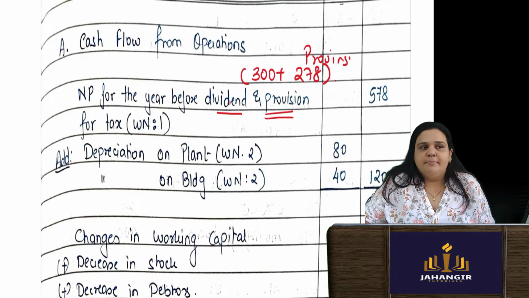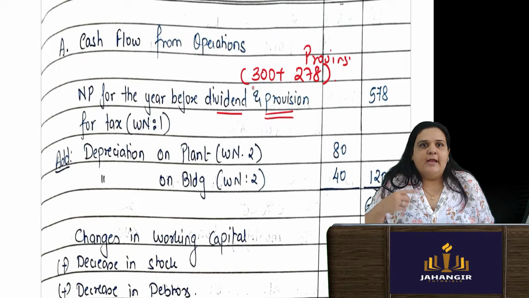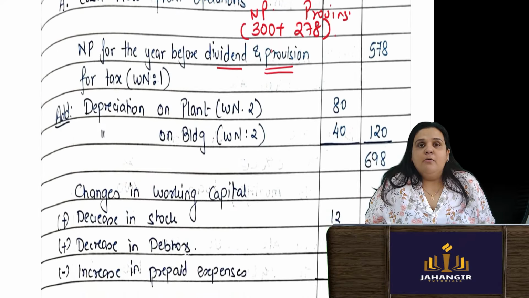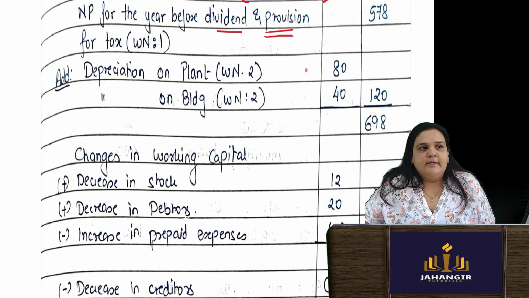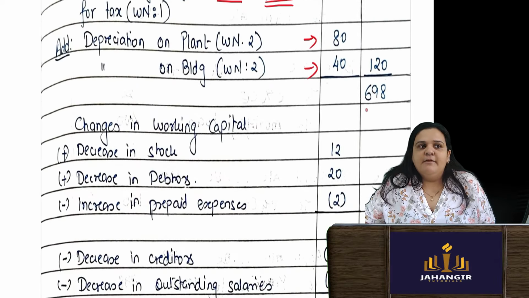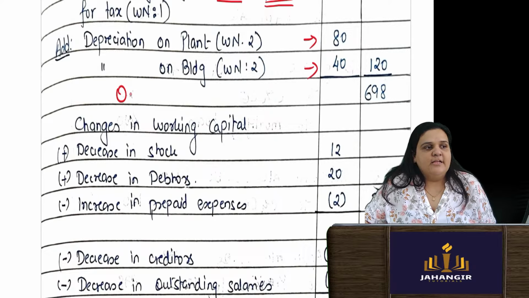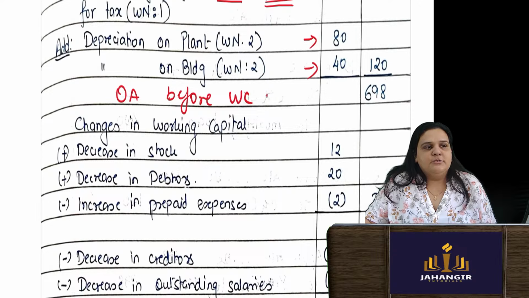You can write it separately also. Net profit 300, add back provision. This is your net profit. Correct? Now, anything which is related to depreciation, I add back. Calculated depreciation on plant and building, I will add it back. I will arrive at operating cash flow from operating activity before working capital changes.